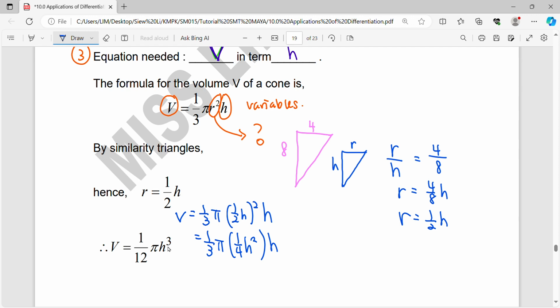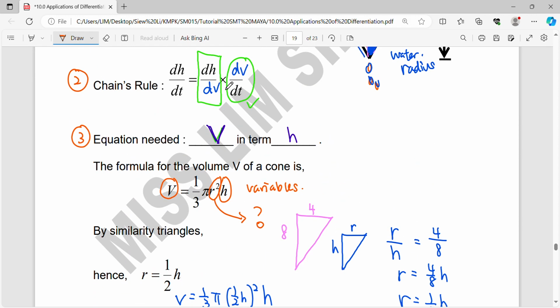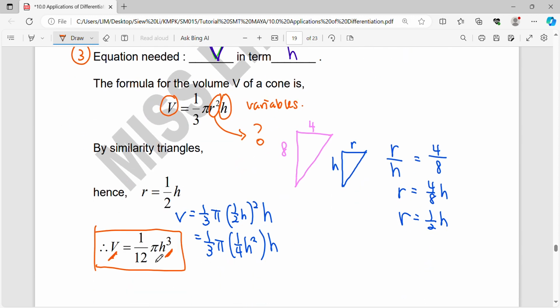So this is the formula that we want, V in terms of h, so that we can differentiate V with respect to h, then we inverse it to get dh/dV. So step 3, finding the equation in a single variable.